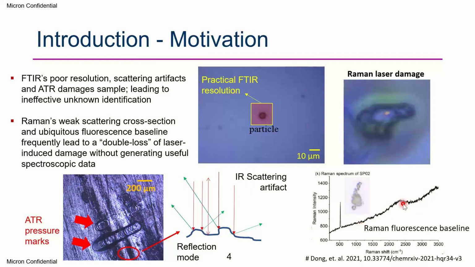Because of the ubiquitous fluorescence baseline, during the analysis we may leave the sample facing the Raman laser too long, and this will cause the laser to damage the sample. Once the Raman laser damages the sample, it again leads to unusable spectroscopy data, because the data may no longer be accurate due to the sample surface already being damaged.